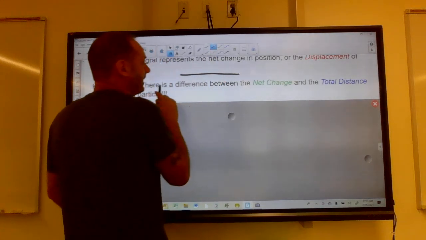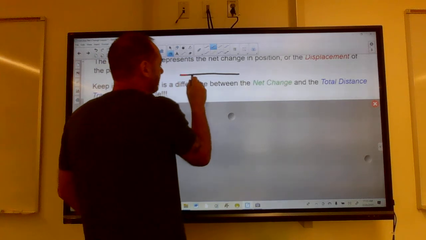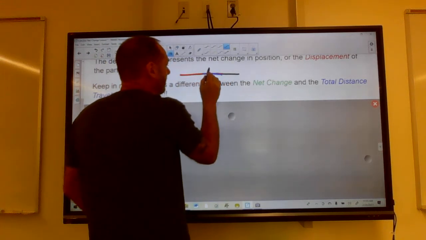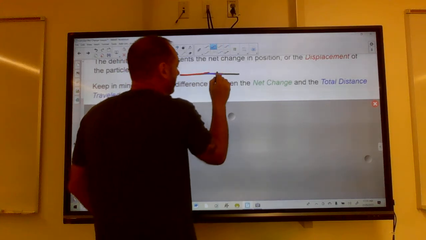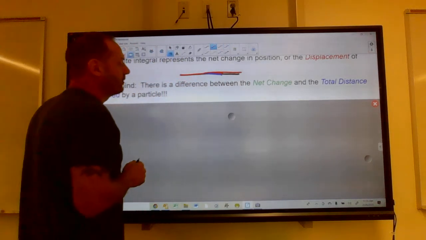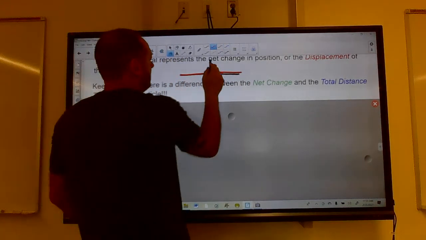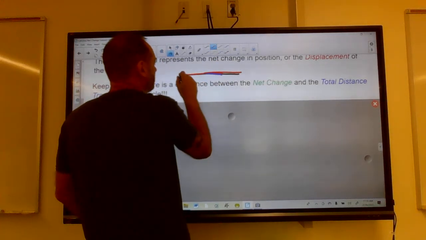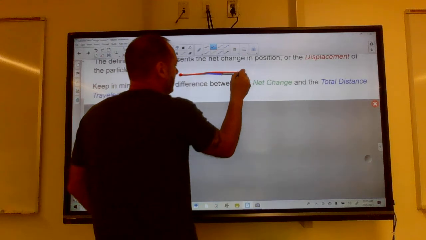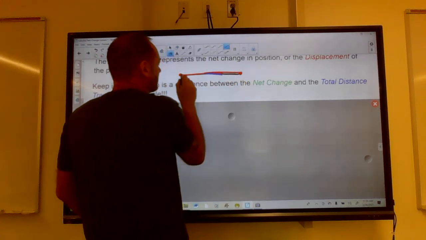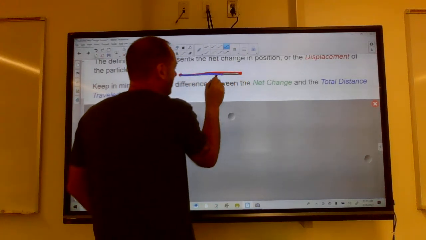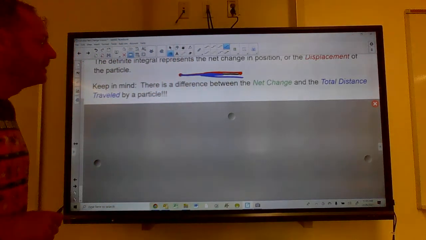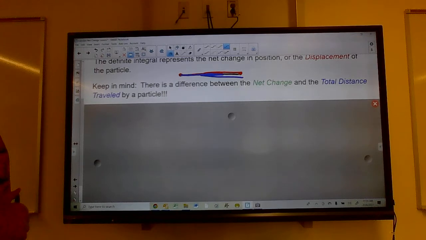Depending on what the velocity is, it could be moving away from me, and it could be moving back towards me part of the time, and then it could be moving away from me again. So you can see that the displacement would be the distance from here to here, but the total distance would be this plus this again. Okay? So they're two entirely different things.